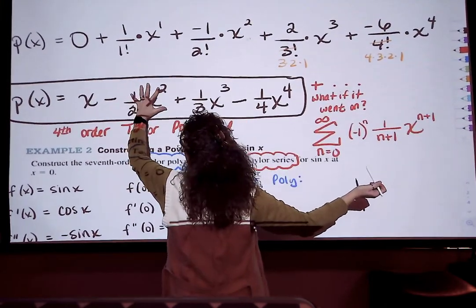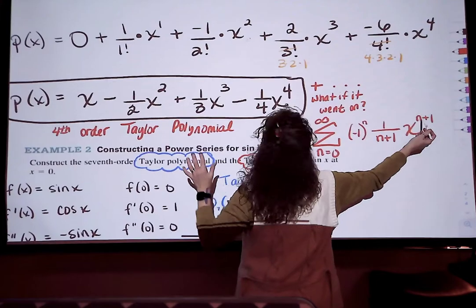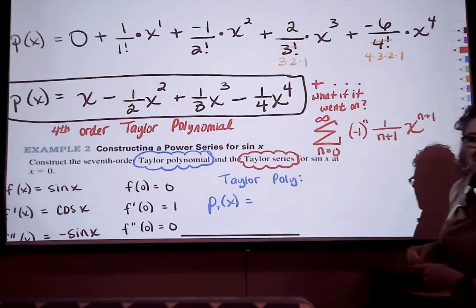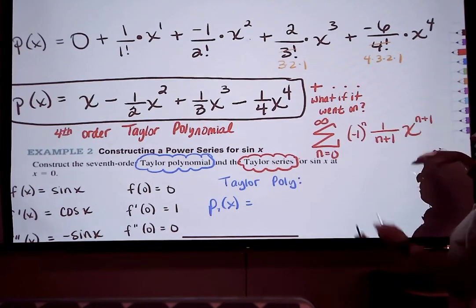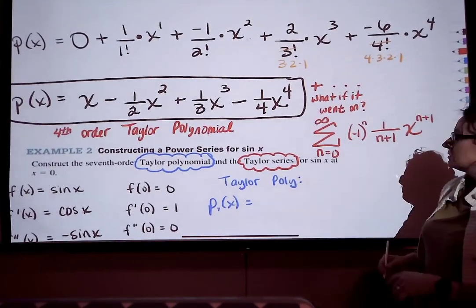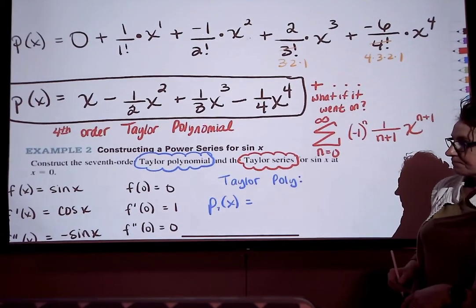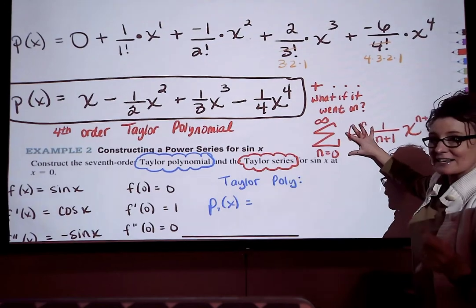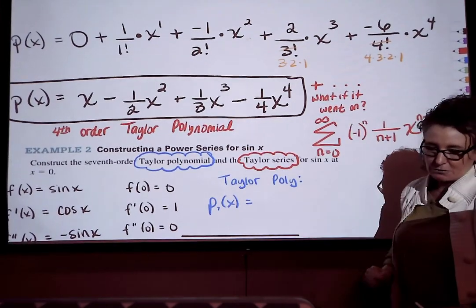When n equals 1, I need my exponent to be 2, and so on, and so on. So this would be how I would get each consecutive term if it went on. This is the Taylor polynomial. This is what it looks like as a series using summation notation.